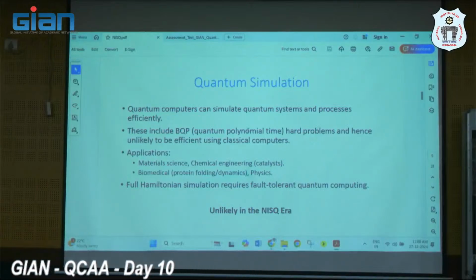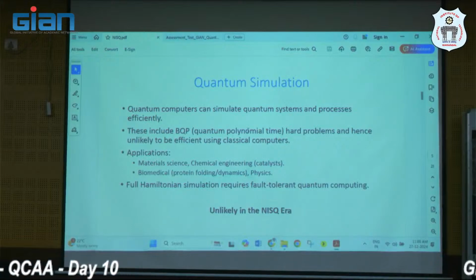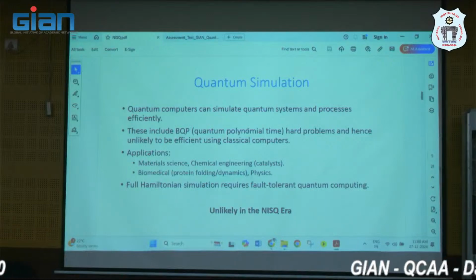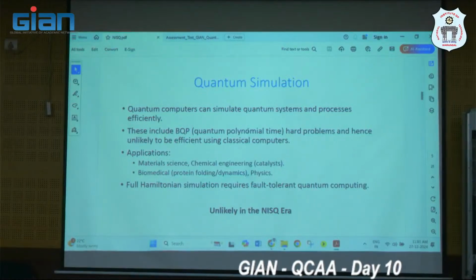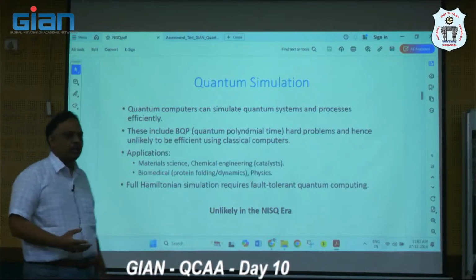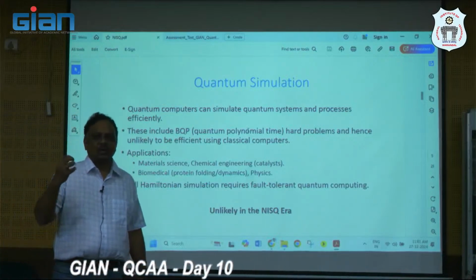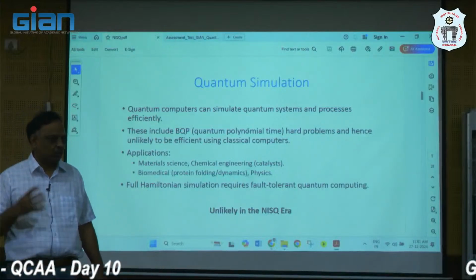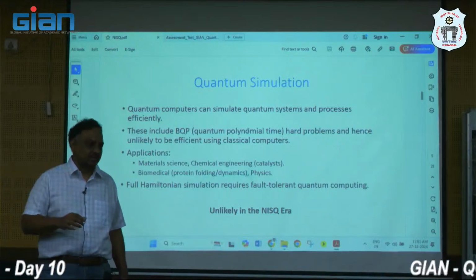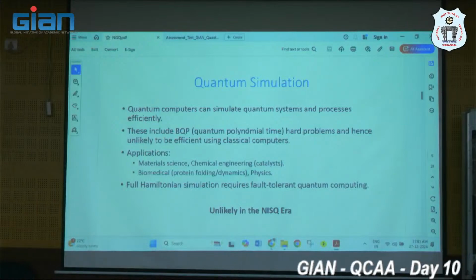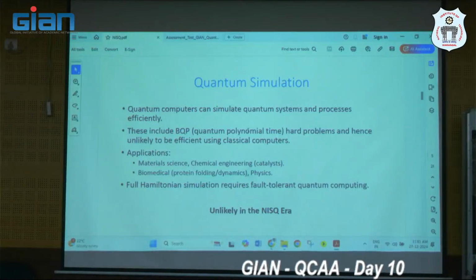If we can evolve quantum mechanical systems in a controlled manner, we will potentially get a lot of applications in different domains. So that is going to be one very good thing that will come out if we are able to make scalable quantum computers, because then we will be able to simulate quantum systems under controlled conditions. That is called quantum simulation. Any questions?